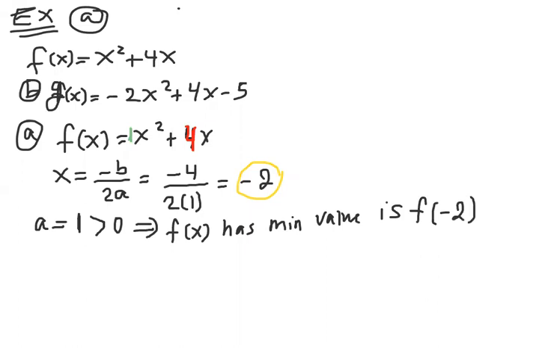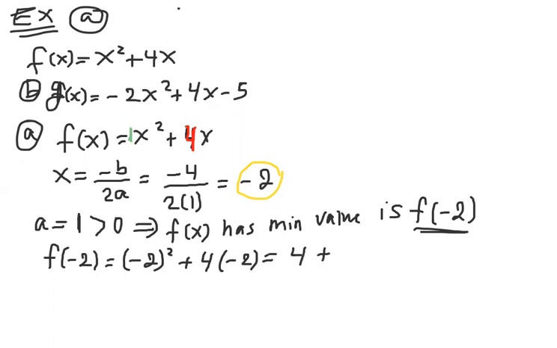If I want to find f of minus 2, I just plug minus 2 into the function. So f of minus 2 equals minus 2 squared plus 4 times minus 2, which is 4 plus minus 8, so minus 4. So the function f of x for the first one has a minimum value, and its value is minus 4.